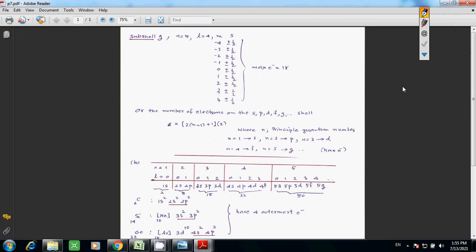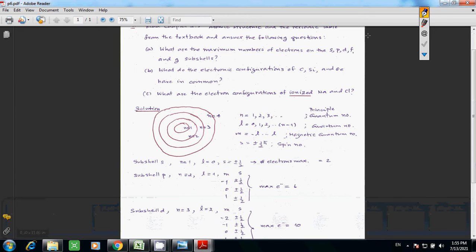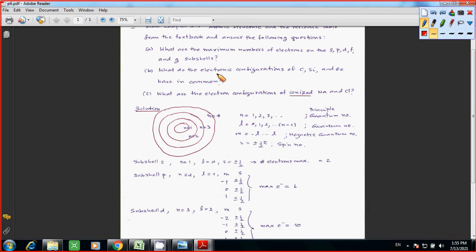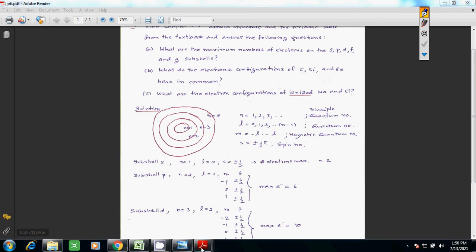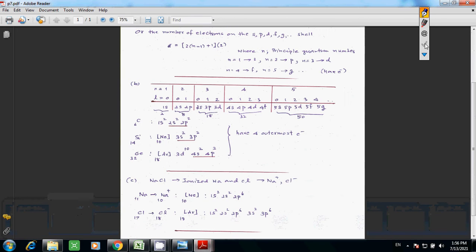Now, what about B? What do the electron configurations of carbon, silicon, and germanium have in common? Okay, let's take a look closely.